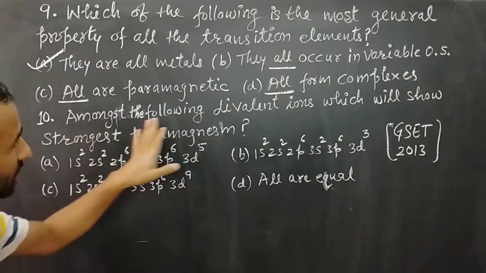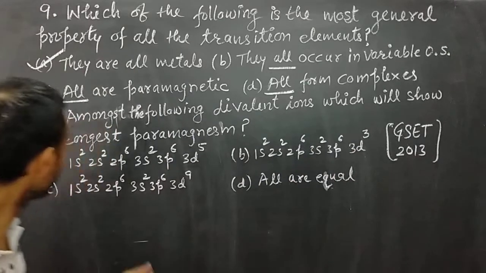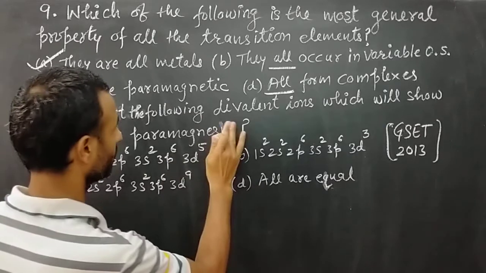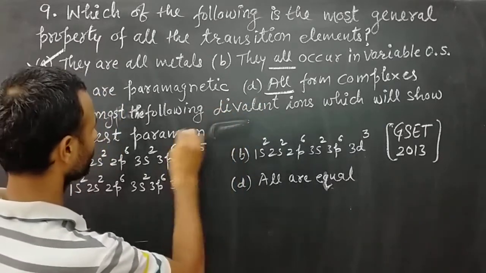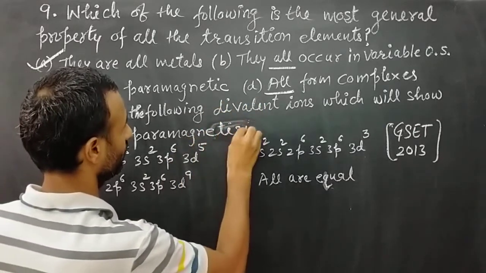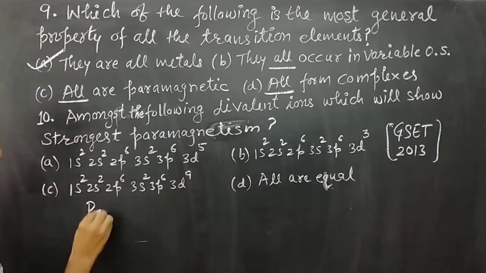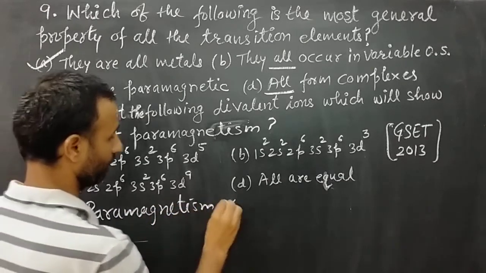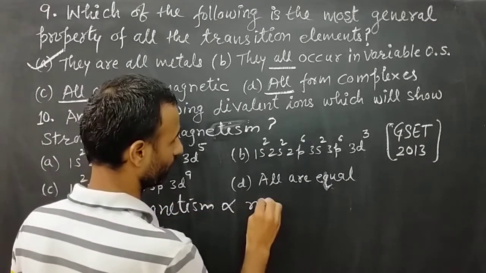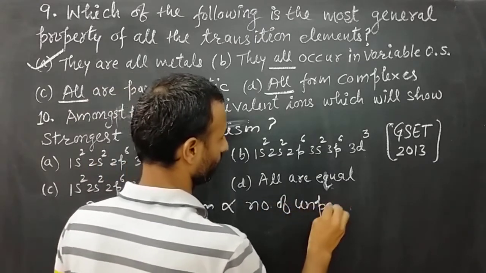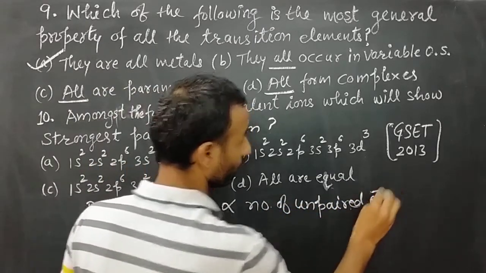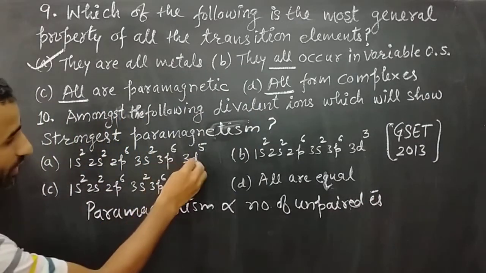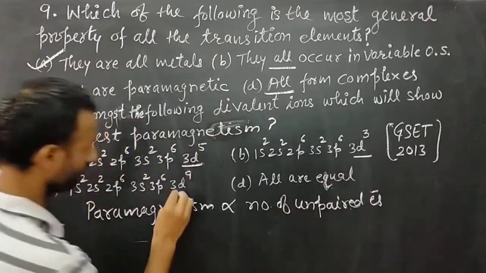Okay, next, amongst the following divalent ions, which will show the strongest paramagnetism? So paramagnetism is proportional to the number of unpaired electrons. Here in the first case d5 is there, here d3, d9.